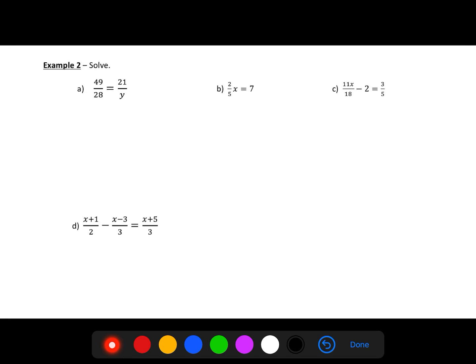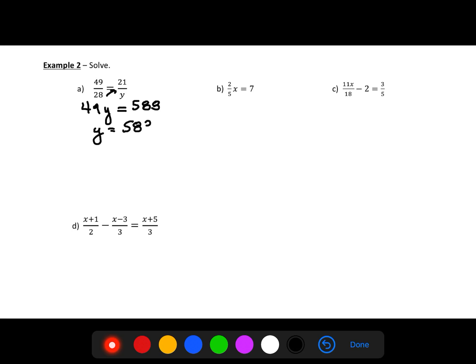So example number 2a, 49 over 28 equals 21 over y. As we talked about yesterday, the best way to solve for this one is to do our cross multiplying. We cannot solve for a variable on the bottom, so we're going to start by taking our y over to the left where it becomes multiplying, and we're going to take our 28 over to multiply by 21.